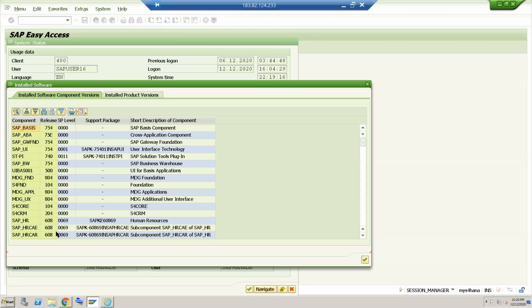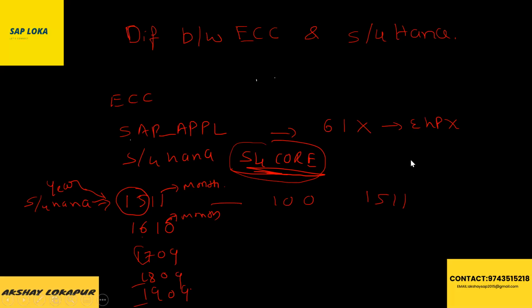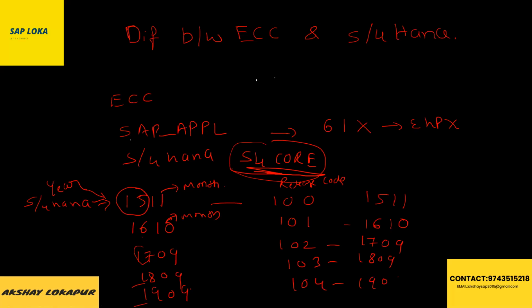105 has not yet come, which would mean 2009. Like this we'll identify. Here I will write it so you can understand. See, this 100 is for 1511. This is a release code, which the Basis team sets up. 101 release code is for 1610, and 102 is for 1709. 103 is for the 1809 system. 104 is 1909.